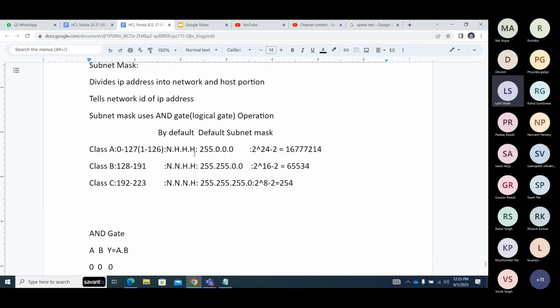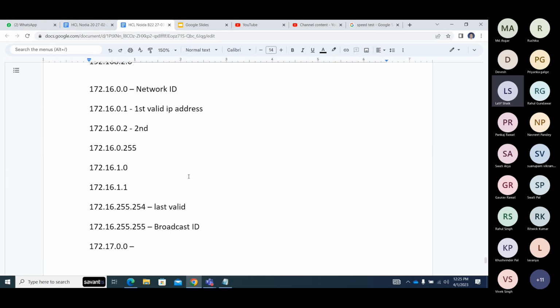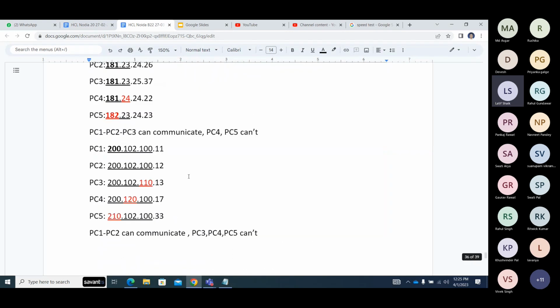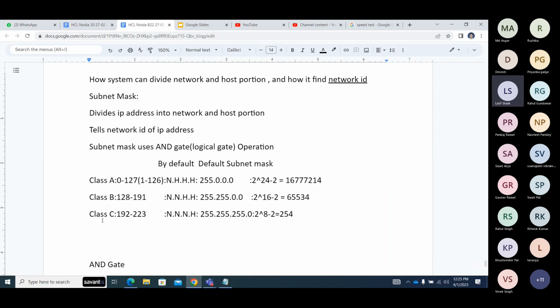Okay, next. Guys, we discussed the network portion and host portion, the identification of an IP address. You learn like this slowly. So in future, if you want to go into the networking field, like CCNA, CCNP, or you are server related, in servers mainly networking is related. In the cloud also networking is related.